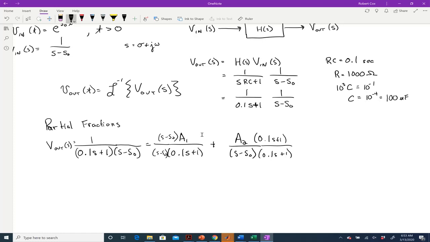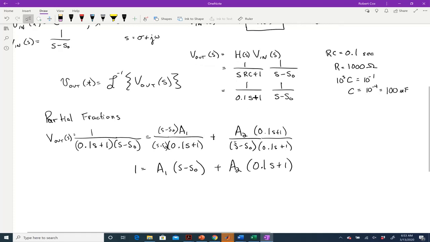Okay. So what that means when I look at the numerators is I know that 1 has to be equal to A1 times S minus S naught plus A2 times 0.1 S plus 1. All right, this is basic arithmetic stuff that you learned in probably about the 9th grade or something. So if you don't follow that, just look at that slowly later.